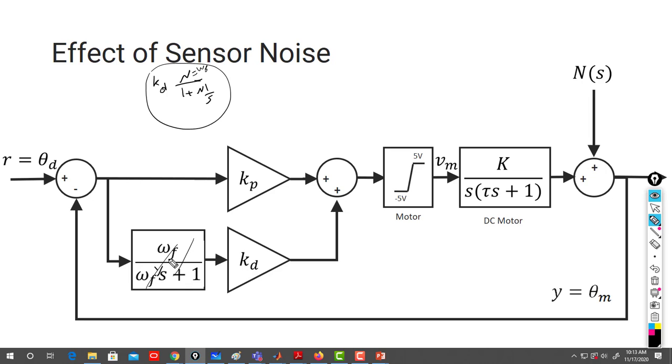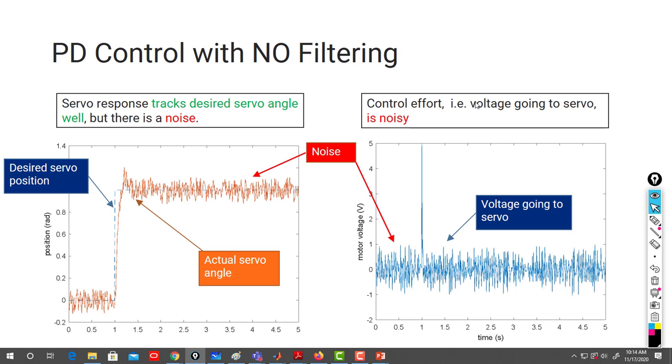At the end they added a filter, and they need to see the effect of noise on the system. So they added noise as well, and they are looking at the effect of noise with and without filter. Here is the PD control with no filtering.